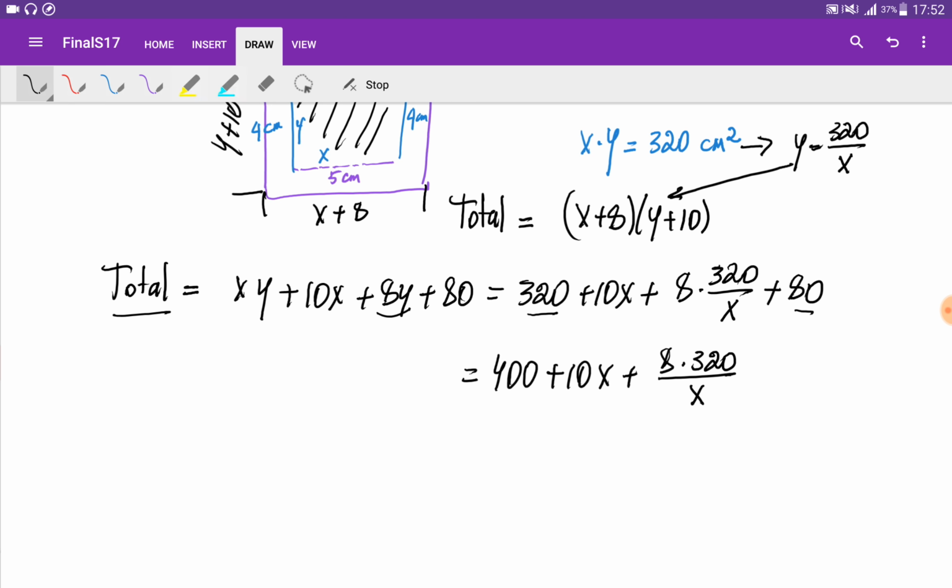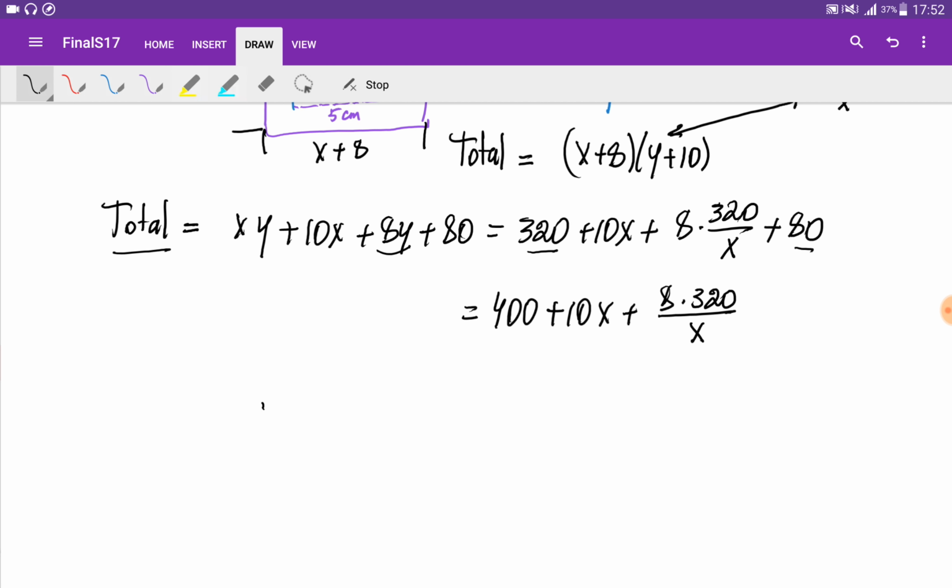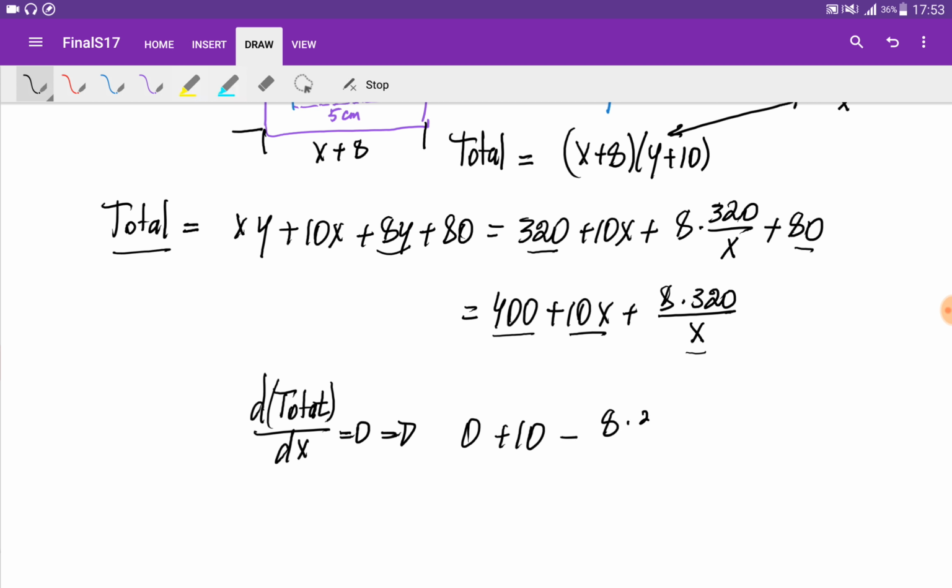So in order to minimize this, we need to take the derivative of the total area with respect to x and equate this to 0. So the derivative of this function with respect to x is going to be equal to the derivative of 400, which is 0, the derivative of 10x, which is 10, and the derivative of this part is going to be equal to minus 8 multiplied by 320 divided by x squared.